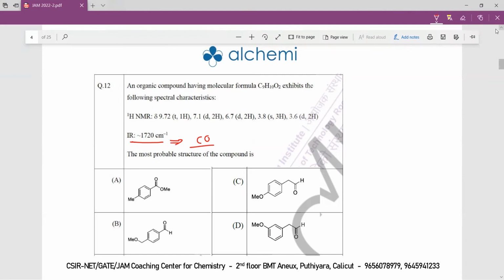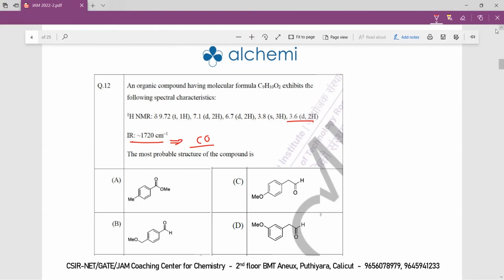And one important thing, if you are solving NMR problems, you should eliminate the options. Check the NMR peaks and eliminate options. That is how you should approach NMR spectrum problems.